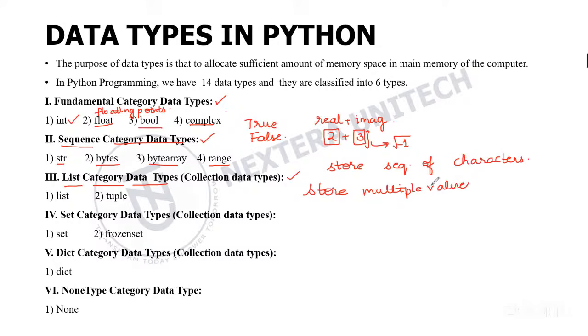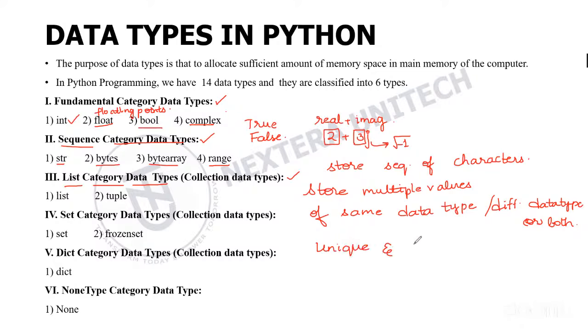So those values can be of the same data type or different data type, or it can be both. And list also allows unique values and duplicate values.